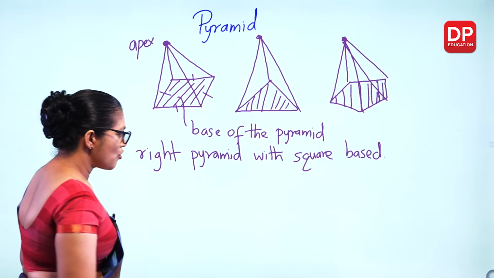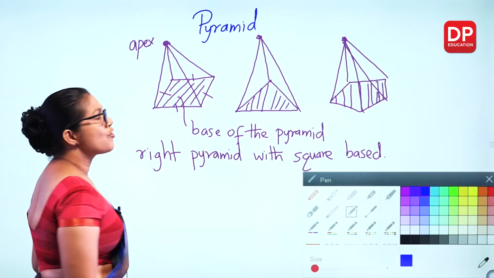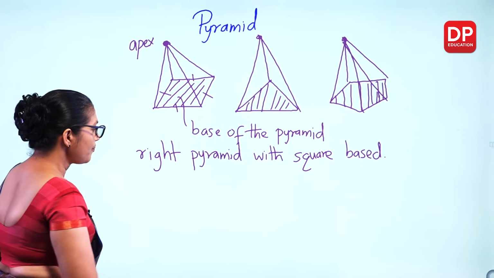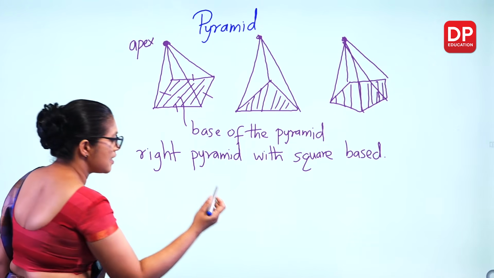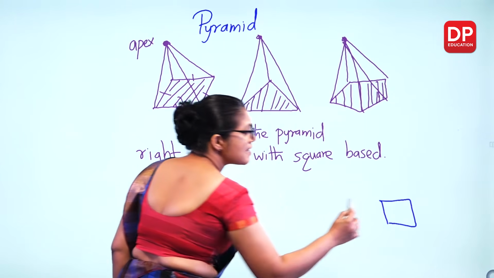So how can we draw something like that? We'll try to draw a right pyramid with a square base. What we have to do is draw a square first. Here you can't draw a square like this because this is 3D.